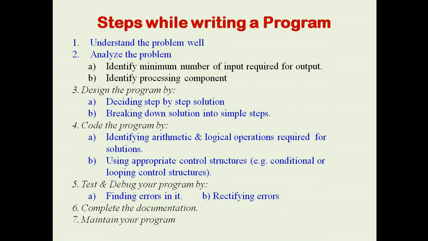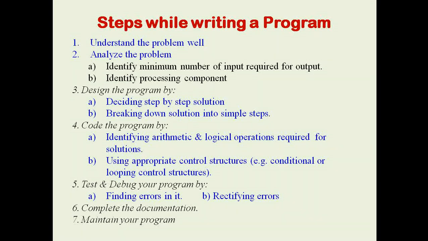So we need length and breadth of the rectangle as input. And what should be our output? Our output is area. And how will we calculate area? Area will be calculated as length into breadth. So in this manner we can identify the minimum number of inputs and outputs.